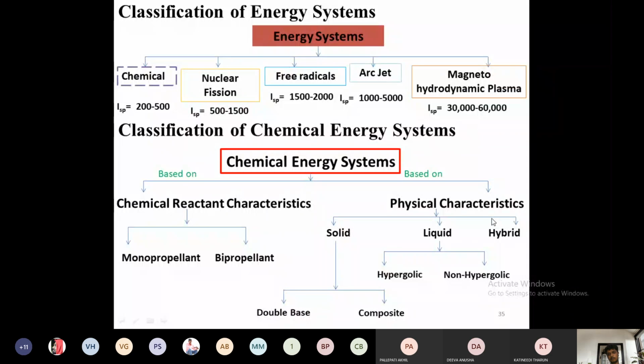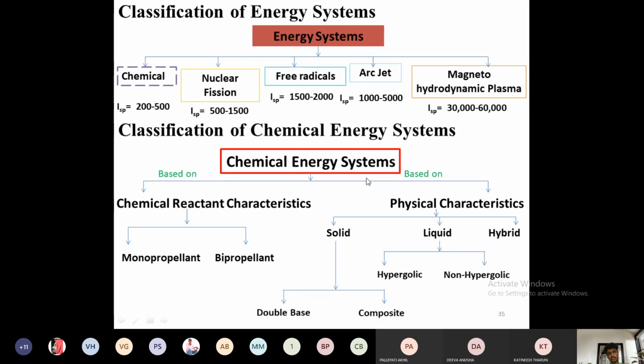Hybrid is the combination of two or more propellant systems. Further, solid propellant systems are classified into double base systems and composite systems, and liquid propellant systems are classified into hypergolic and non-hypergolic.